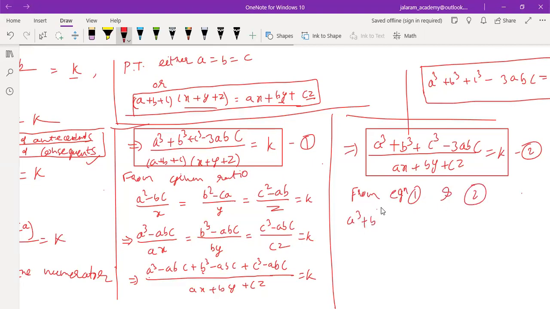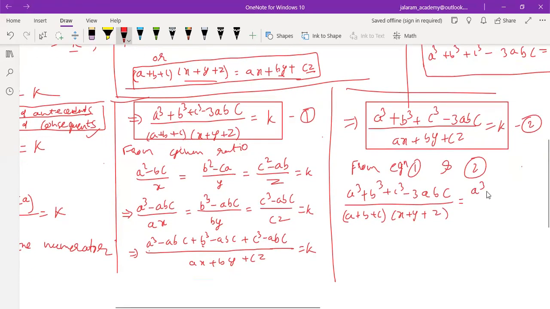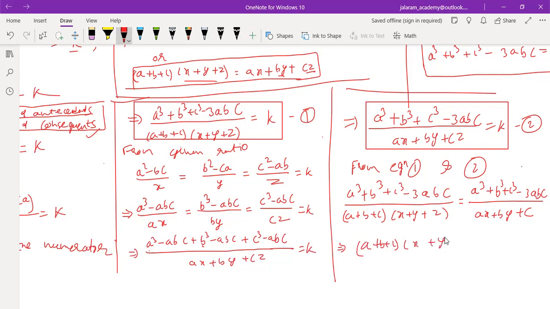So (a³ + b³ + c³ − 3abc)/((a + b + c)(x + y + z)) equals, in equation 2, (a³ + b³ + c³ − 3abc)/(ax + by + cz). Both the numerators will be cancelled out and the final answer is (a + b + c)(x + y + z) = ax + by + cz. Understood? Hence proved.